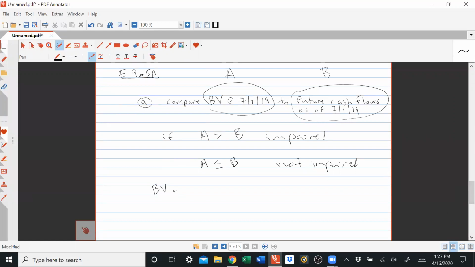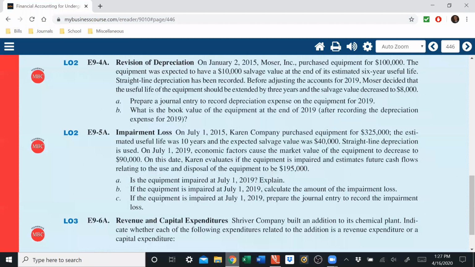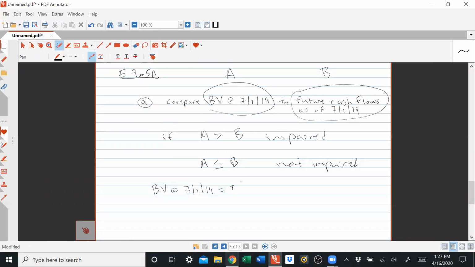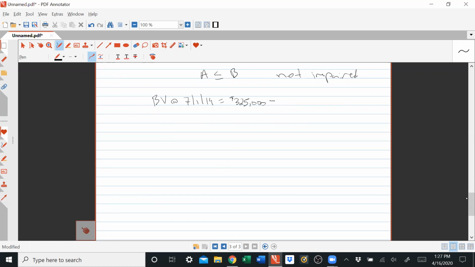So the book value at 7/1/19 equals the original acquisition cost, which was $325,000, minus the balance in the accumulated depreciation account. What's the balance in the accumulated depreciation account?